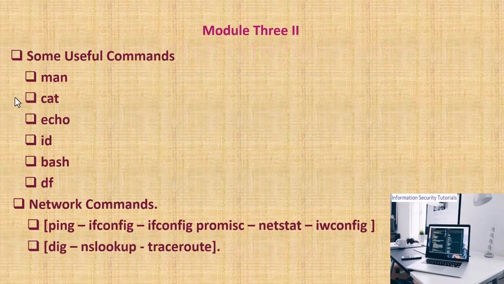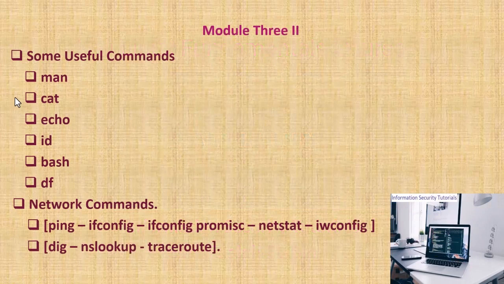A similar command is echo, which is used to print some text or string on the screen. Then we will talk about the id command, which is used to display information about the current user logging in to the system, which can also be used in the information gathering process in penetration testing.